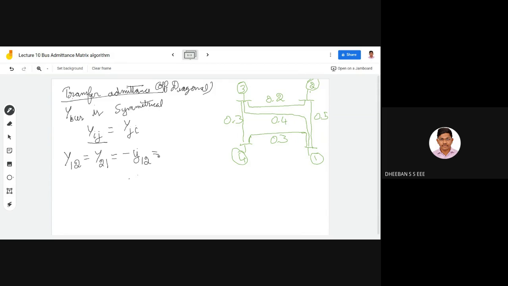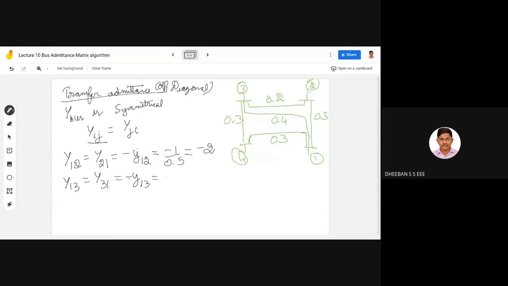So it will be equal to minus 1 by 0.5, so the value will be minus 2. Then coming to y13, this line. y13 will be equal to y31, equal to minus y13.